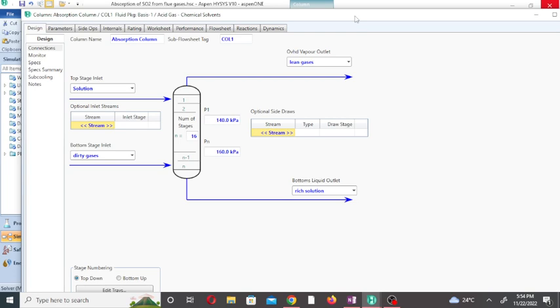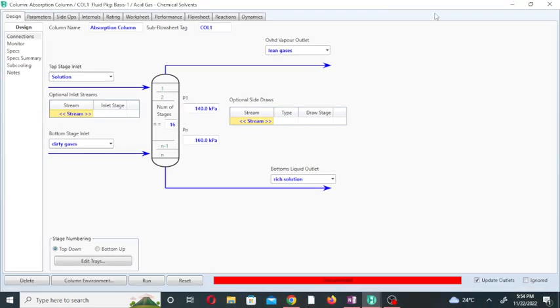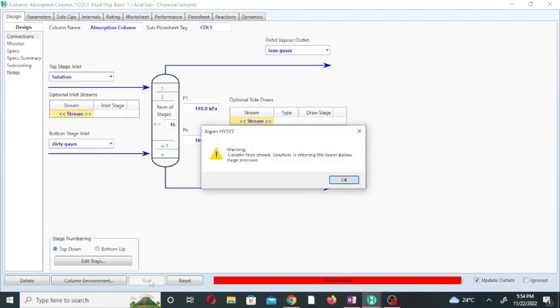Now solve it. So run the simulation. Click on run. The column feed stream solution is entering the tower below stage pressure, so the solution pressure is less than the stage pressure.